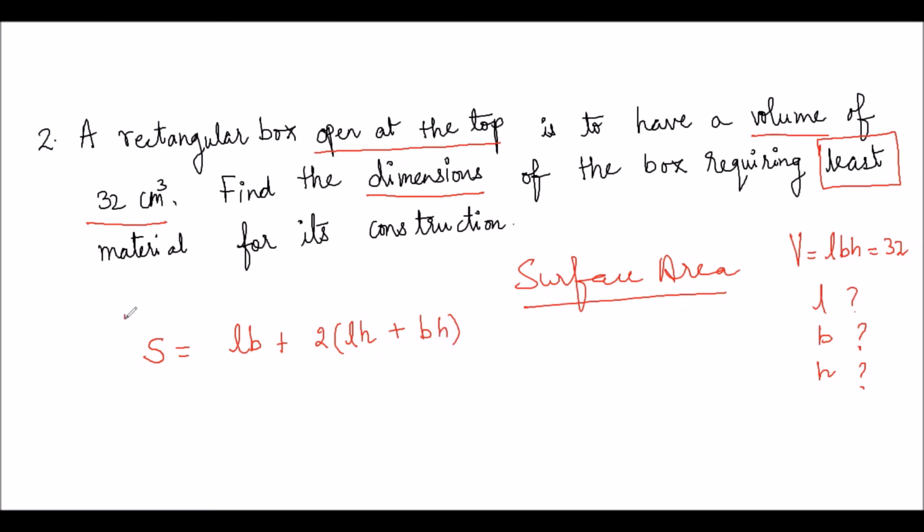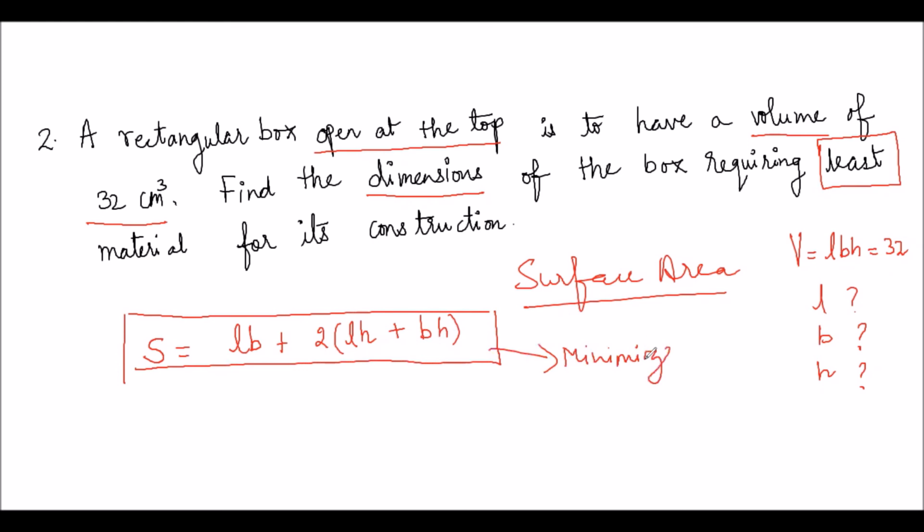So this is our surface area, or you can say this is our function, and it is a function of three variables. Least means minimum. We have to minimize this function. Now, there is one more thing given in our problem, that the volume is fixed and the volume is 32.